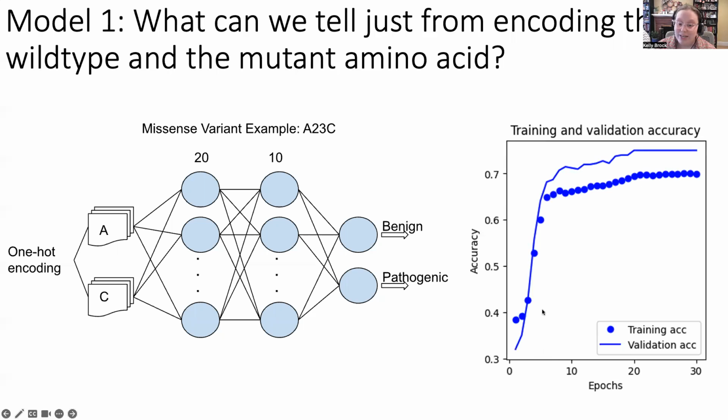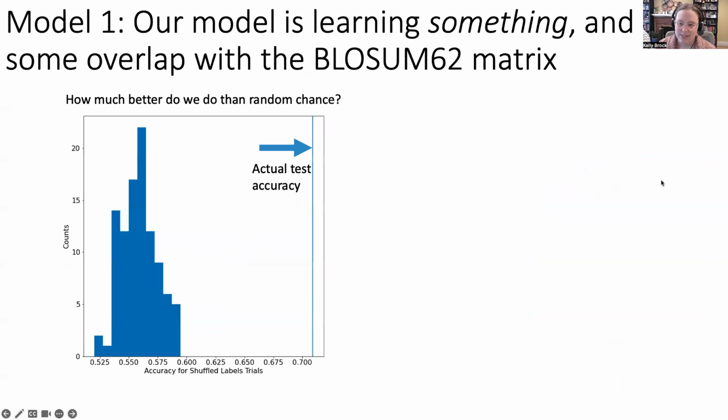Our training versus validation curves were pretty smooth overall, reaching a plateau around 20 to 30 epochs. And in particular, for our test set, what we're seeing is that our overall predicted accuracy is a little higher than 70%.